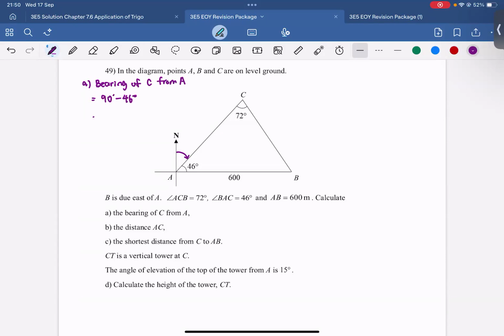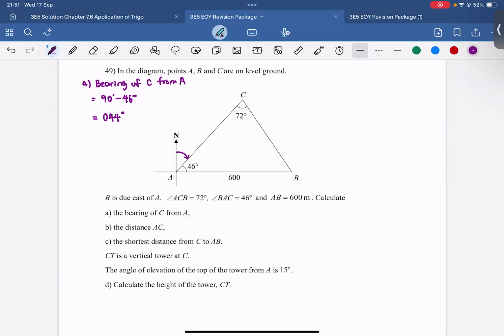The answer is 44. Correct or wrong? Wrong. Why? 044. Oh, okay.